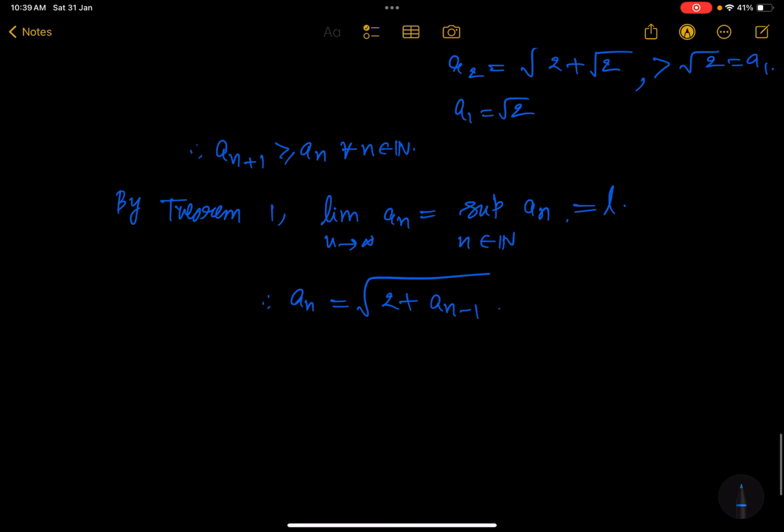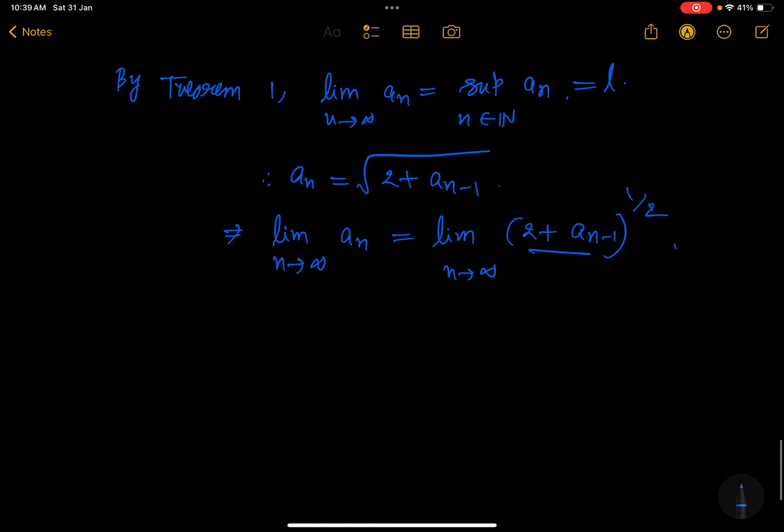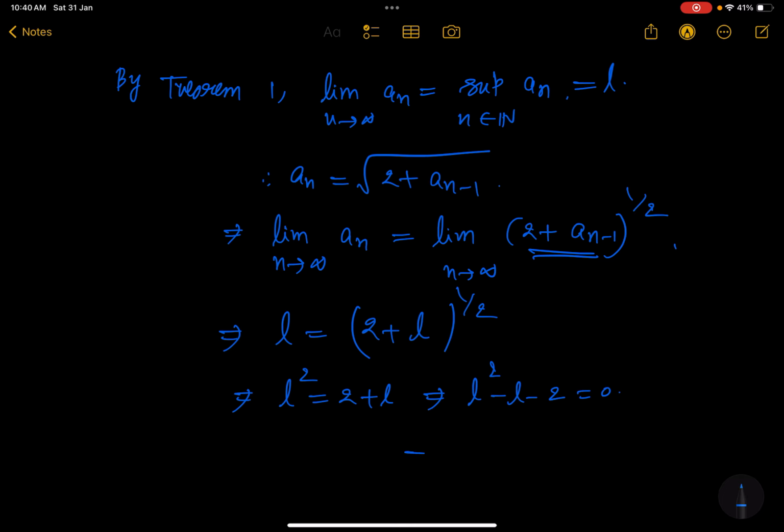So now you can take the limit on both sides, which is (2 plus a_{n-1}) to the power half as n goes to infinity. This is a non-negative sequence, so the limit can be put inside, so that is basically (2 plus the limit) to the power half. So you'll get L squared equal to 2 plus L, and that gives L squared minus L minus 2 equal to 0.